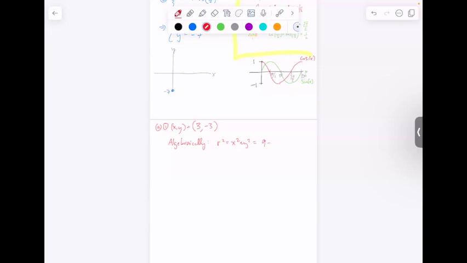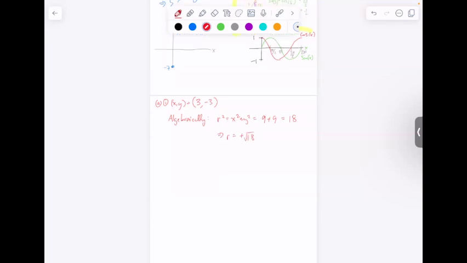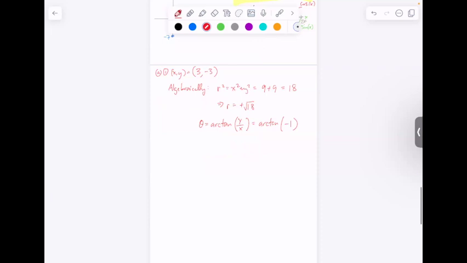This is 9 plus 9, 18, which means r is going to be positive root 18. And theta, you could say, is the arctan of y over x, arctan of minus 1. Then you need to figure out what arctan of minus 1 is, which means figuring out where tangent of theta is equal to minus 1.